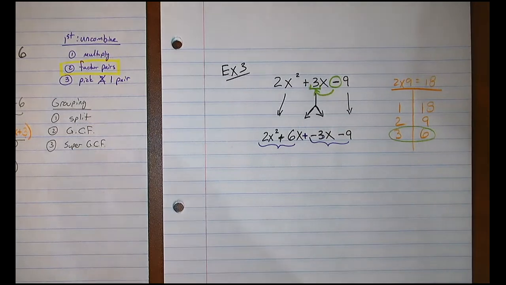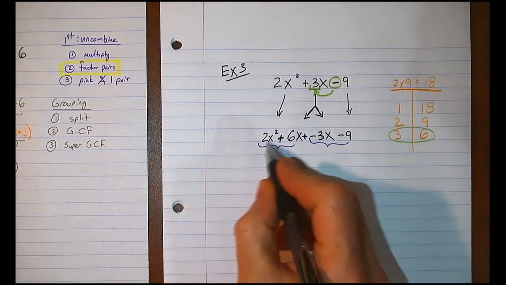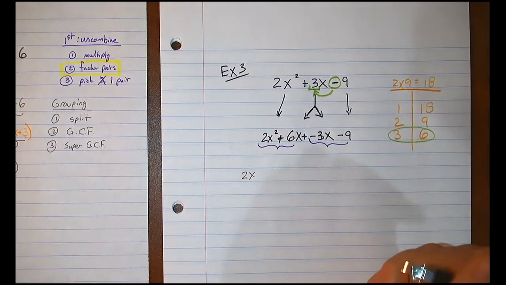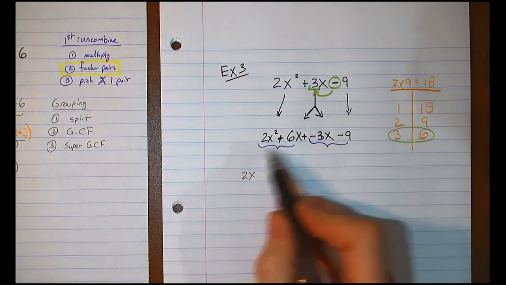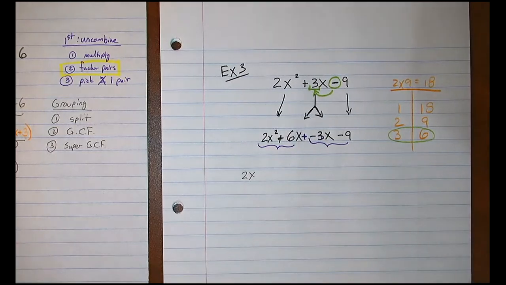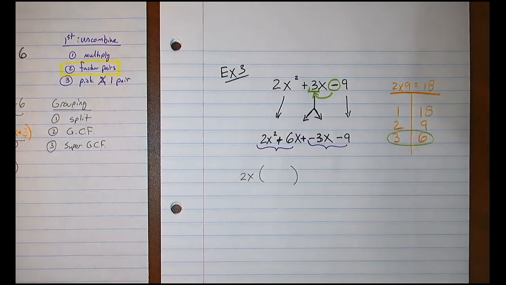Okay, so from the first group, my greatest common factor is going to be a 2x, right? Because 2 and 6 can both be divided by 2. They both have x's. My smallest exponent is this ninja 1. So 2x is my greatest common factor. To what did I distribute the 2x?